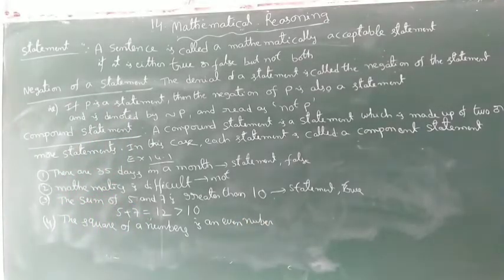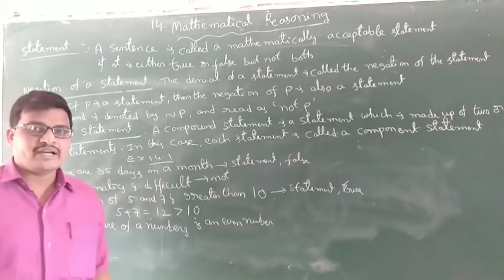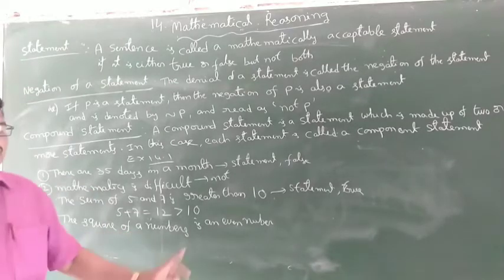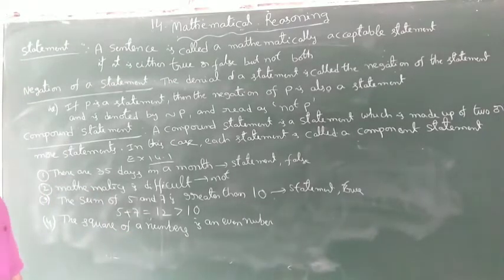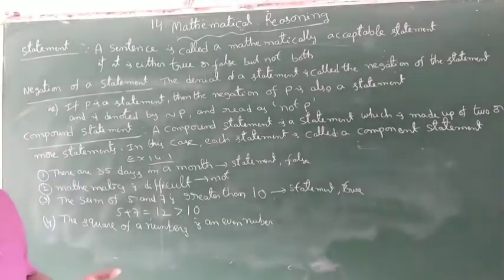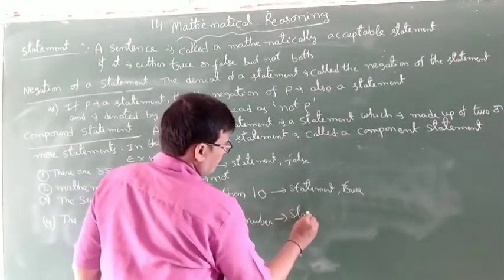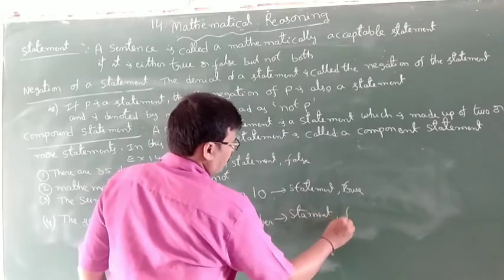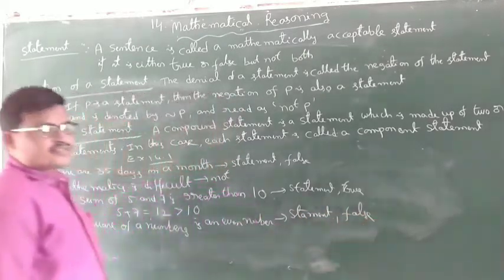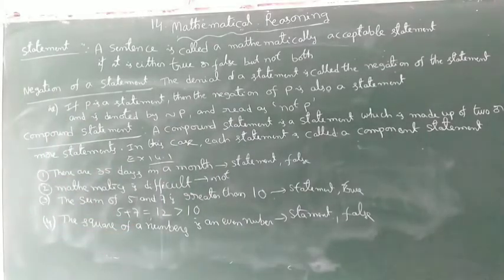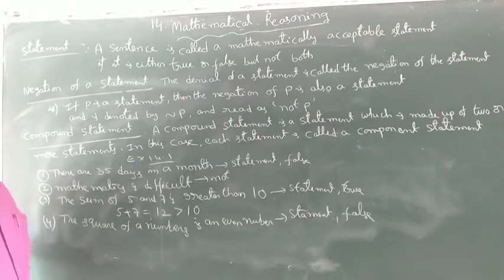First of all, this is a statement, mathematically acceptable. Is it a true statement or a false statement? It is a false statement, because 1 squared is 1, an odd number, and 3 squared is 9, an odd number. So this is a statement, but a false statement. Why false? For example, 1 squared is 1, an odd number.